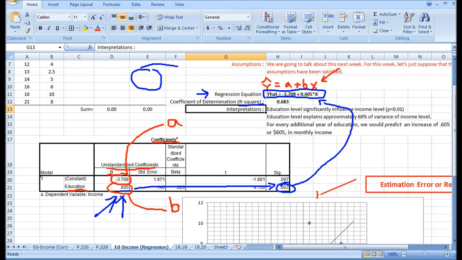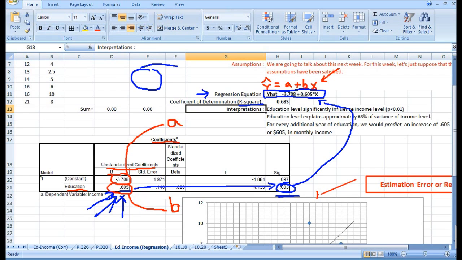Anyway, the regression coefficient is statistically significant, so we can safely use this information of regression coefficient B, the slope of the regression line, right?